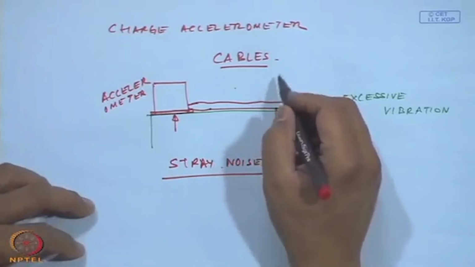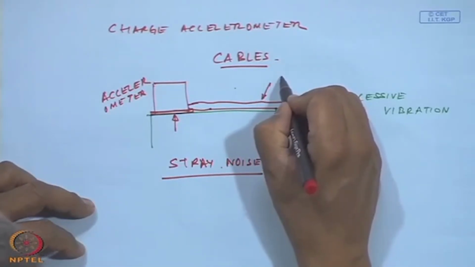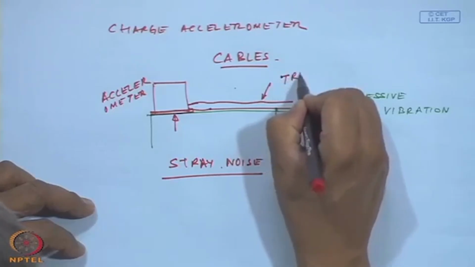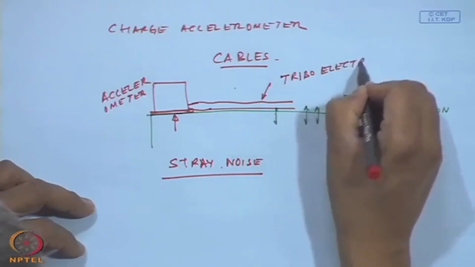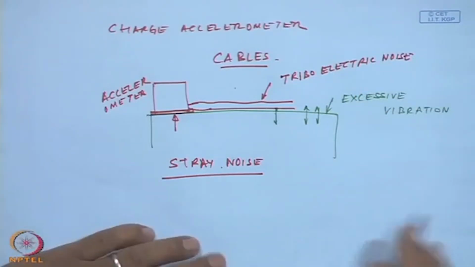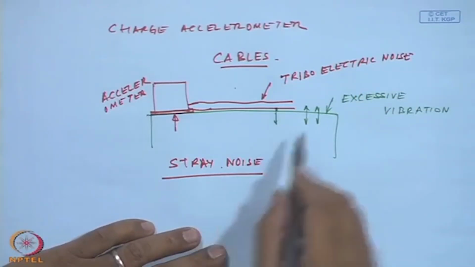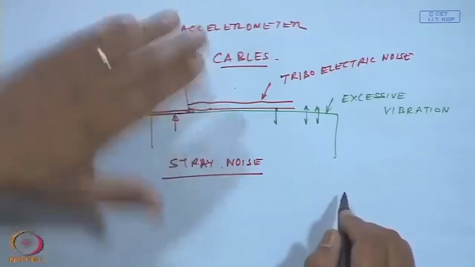So, these cables are very special cables, and they reduce what is known as the triboelectric noise, and a good way to do that, to reduce triboelectric noise, is to ensure that the cables do not whip around or slash around.